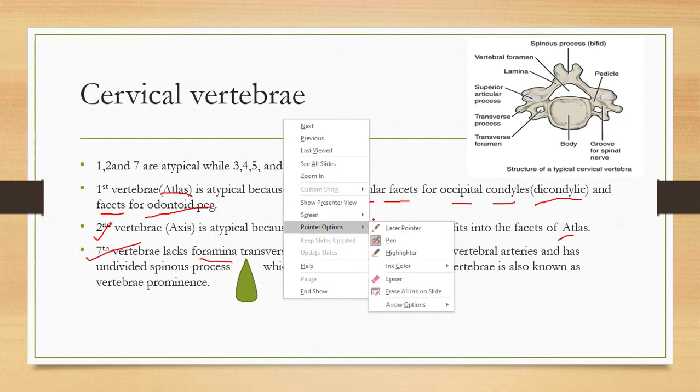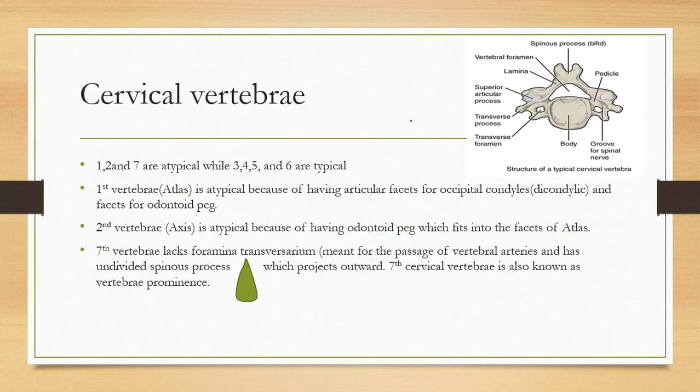The seventh vertebrae is atypical because it lacks foramen transversarium. So what is foramen transversarium? If you remember, I was talking about a hole here through which the vertebral arteries pass. So the seventh vertebrae does not have this foramen transversarium. So that's why it is different from the others.